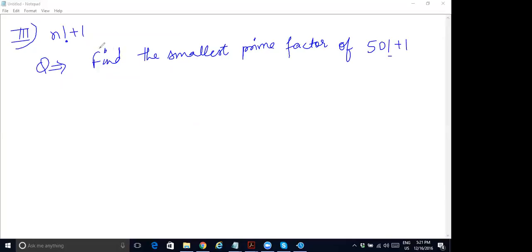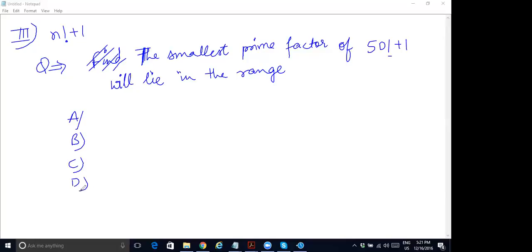Or we can say, the smallest prime factor of 50 factorial plus 1 will lie in the range 2 to 15, 16 to 30, 31 to 40, 41 to 50, greater than 50.